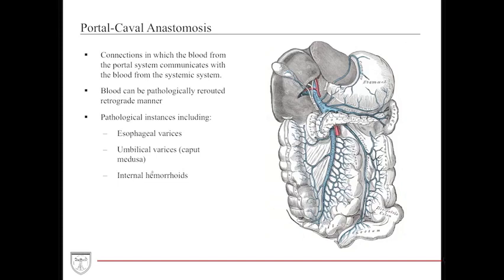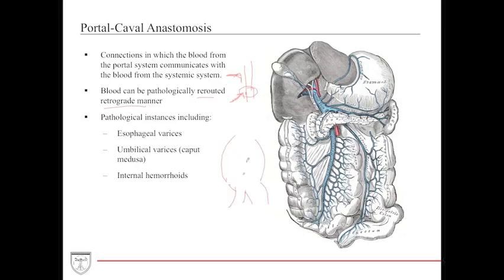And in certain instances where it's pathologic, blood can be rerouted in a retrograde manner and cause very specific hallmark presentations. For example, at the lower esophagus, you get blood from the superior-middle portion from the systemic system, and then you get blood draining at the lower esophagus from the portal venous system, which will be one side of the portal-caval anastomosis.